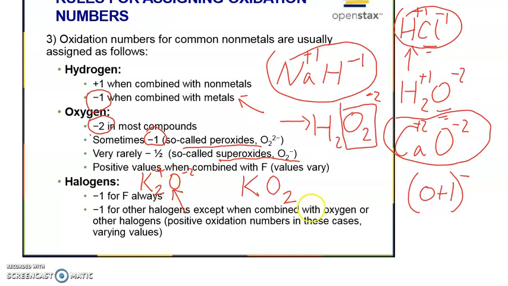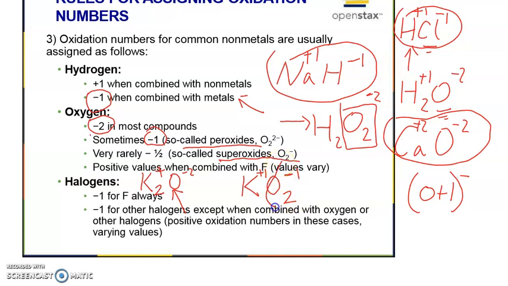Now, if you have a formula of KO2, we cannot call this potassium oxide. In fact, this is potassium superoxide. In this case, potassium will be positive 1, and because it's a superoxide, this O2 is going to carry a minus 1 charge.